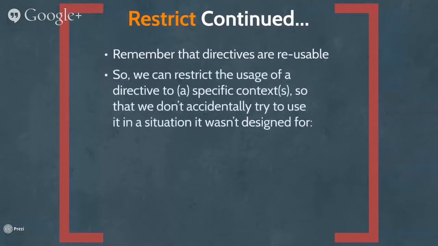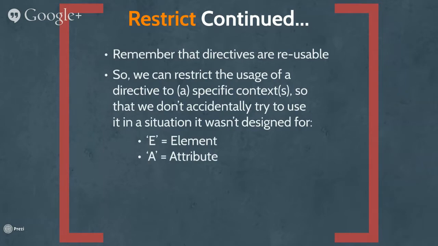Controllers are for scopes, but they take $scope, and we'll go over that. There's a difference between $scope and non-$scope. So we can restrict usage to a specific context, and that's basically what I was saying: if you have 16 elements, every one of those elements has its own context, and that's what it is designed for.